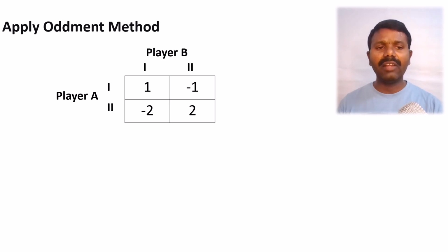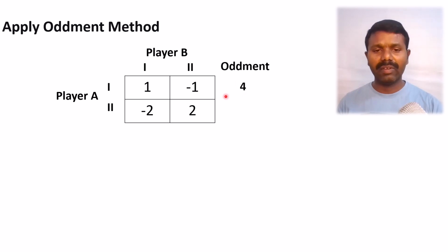By applying the oddments method, we first need to find the oddment values for this 2 by 2 matrix. The oddment value is the difference between these two. So 2 minus 2 becomes minus 4, but the oddment value will always be positive, so it will be 4. Then 1 minus of minus 1 becomes 2, so the oddment value will be 2.